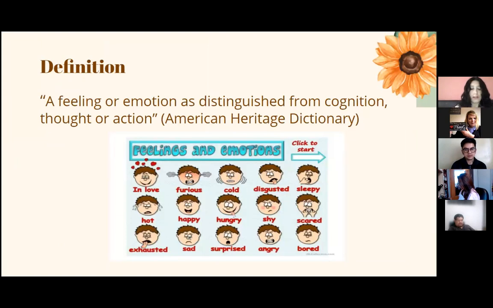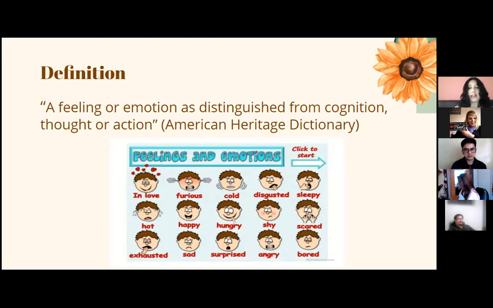In other words, it refers to the feelings and emotions that individuals have about something. In the case of language learning, about the people who speak the language, or about the culture where the language is spoken.